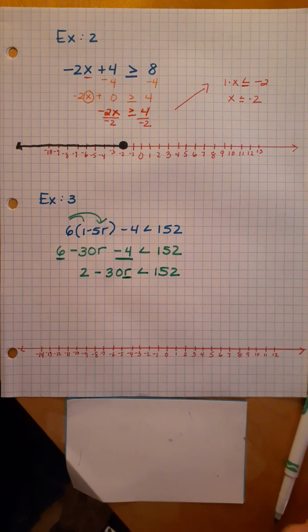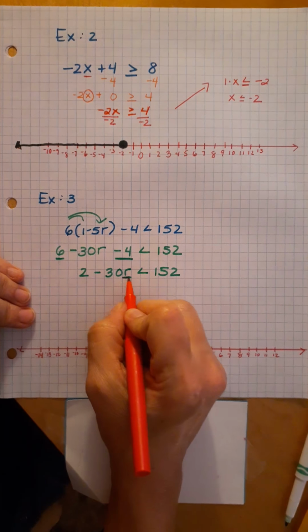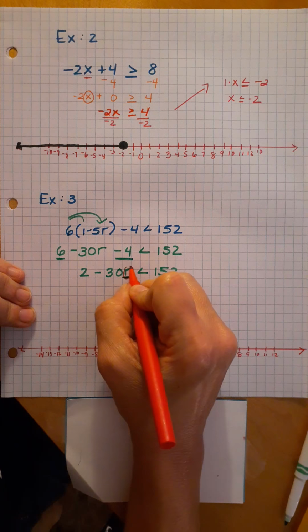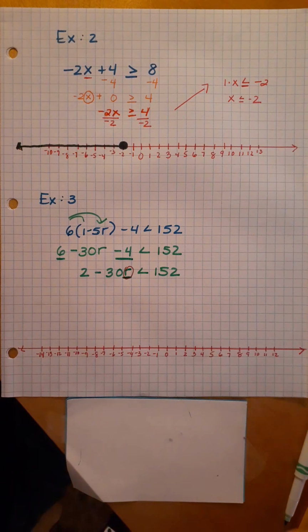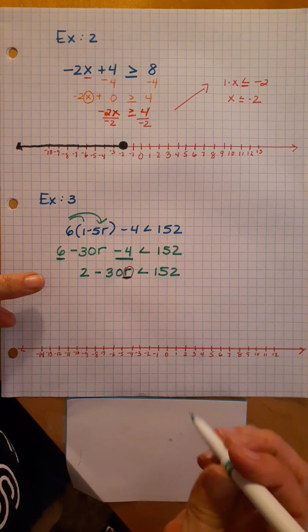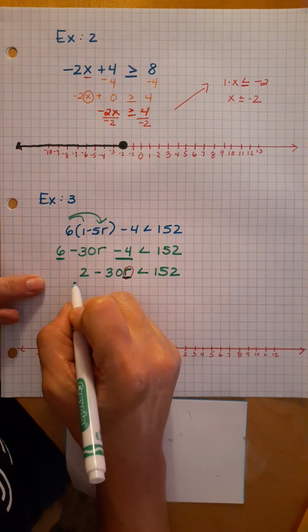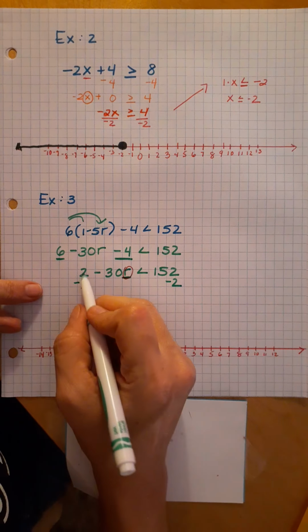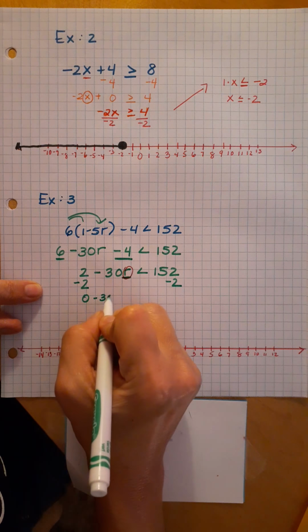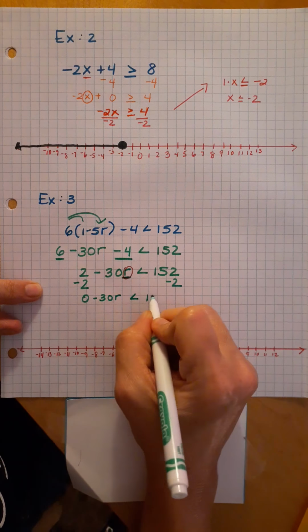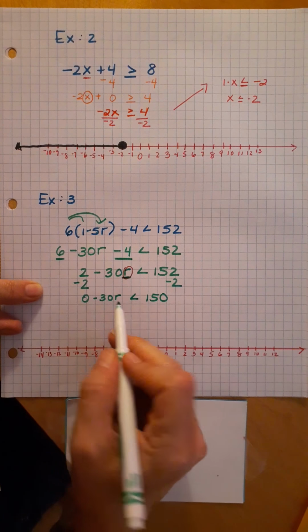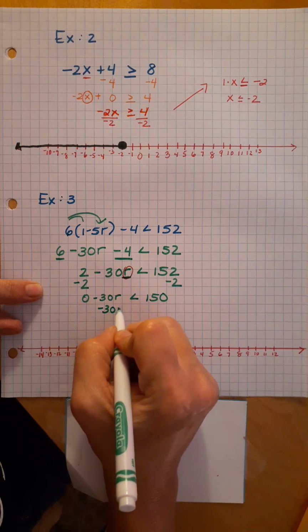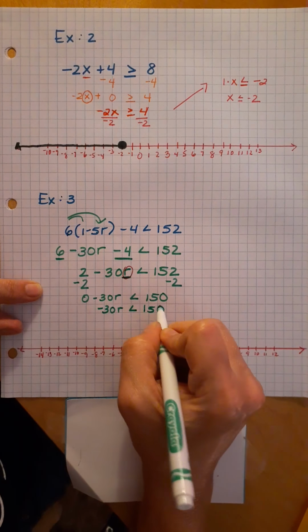Let me underline that r. It looks like an O R, right? I need to get that r alone. I've got to move whatever's plus or minus to the r. It's positive 2, so I subtract 2 on both sides. 2 take away 2 is 0, minus 30r is less than 150. 0 minus 30r is negative 30r, less than 150.